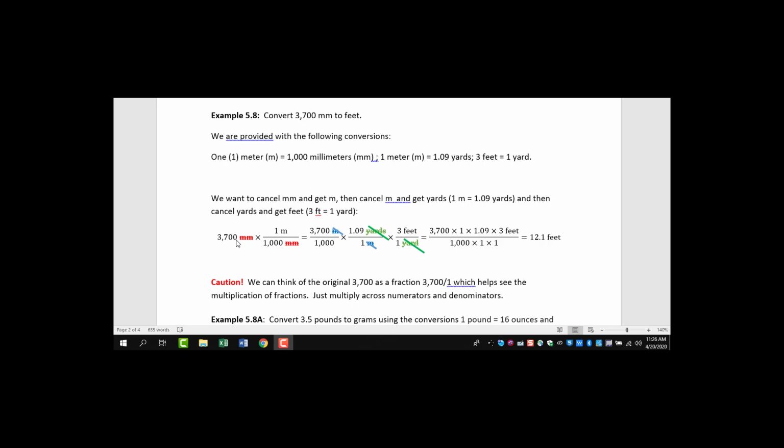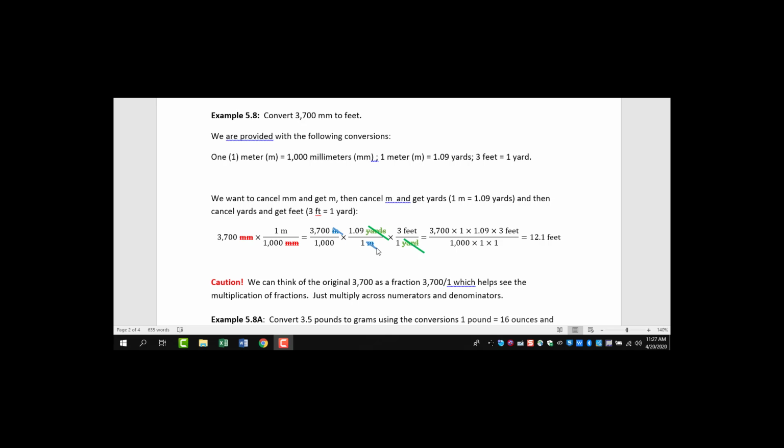So we start out with the 3,700 millimeters, and the millimeters cancel. After this first cancellation, we have 3,700 over 1,000, and now we have meters. Now we put in 1.09 yards over 1 meter.